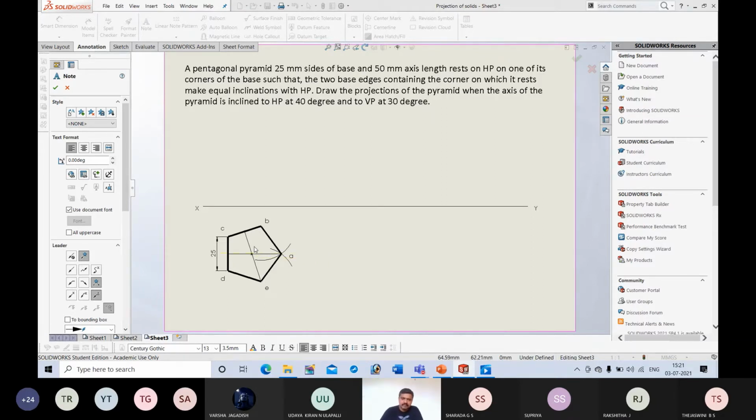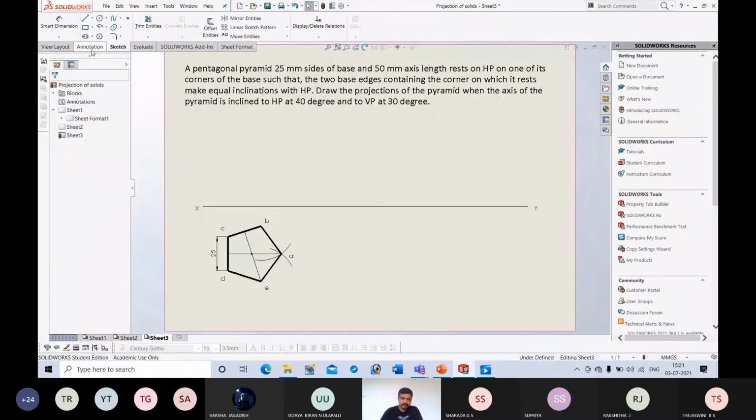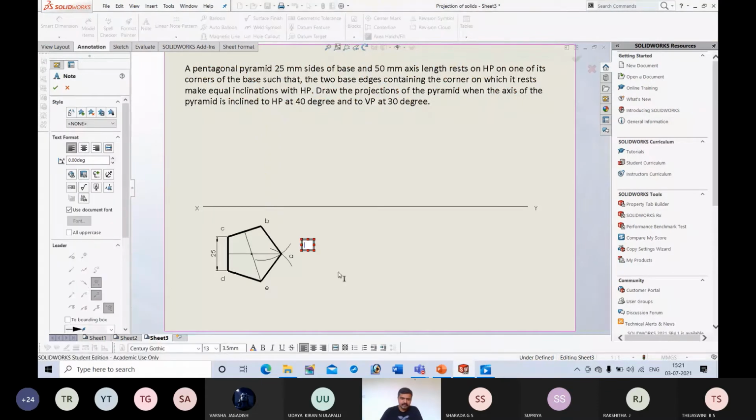So the apex, since it is a top view, you are looking from this direction, apex will be visible, whereas center of base, since it is on HP, if you look from top, you cannot see. So apex is visible and center of base will become invisible. So I will name apex as O1 and center of base inside the bracket, because it is invisible, as O.